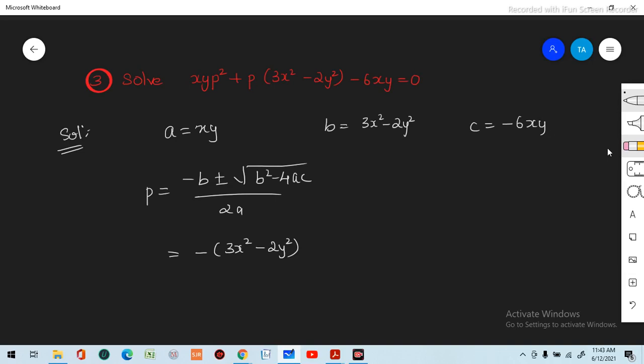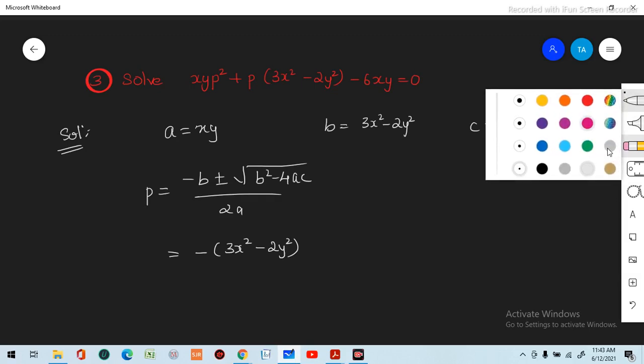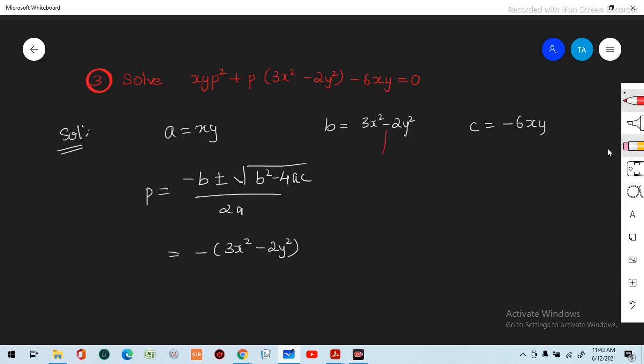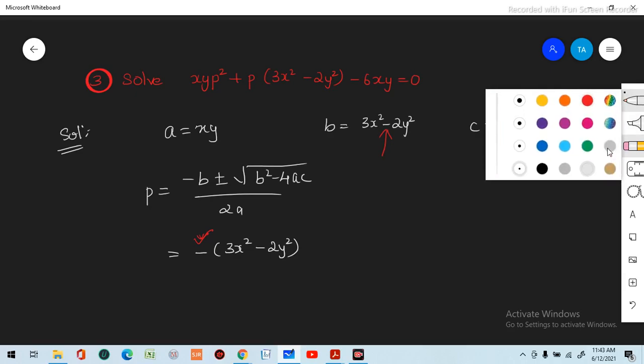Why am I writing like this? Because of this minus sign. When you multiply this outside minus inside, it becomes minus 3x square plus 2y square. So be careful with that. So in the bracket you write the b term and the remaining terms you substitute. What do we get?